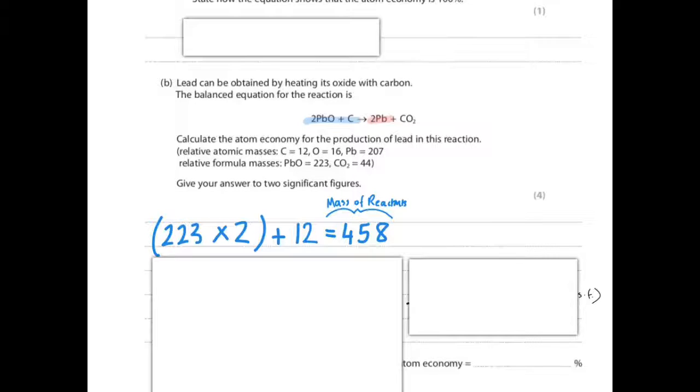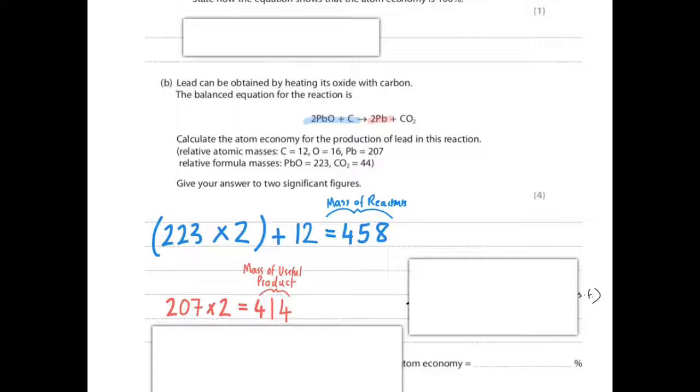That's what we're trying to work out. So we start off by working out the combined mass of the reactants. So it tells you PbO is 223, but there's two lots of it, so it's 223 times 2. And 12, one lot of carbon. So the mass of the reactants is 458. Now, the mass of the useful product is lead, where you have two lots of lead. So lead is 207 Pb, and we have two lots of it.